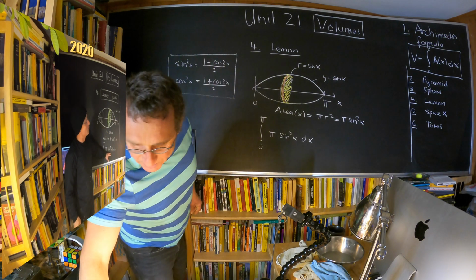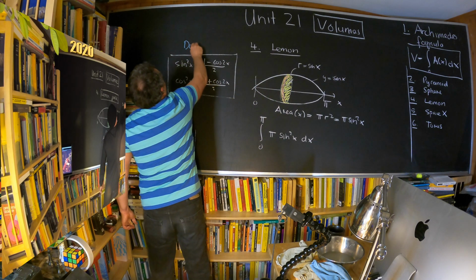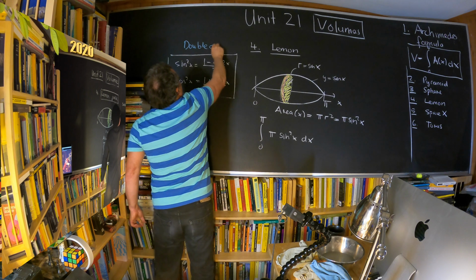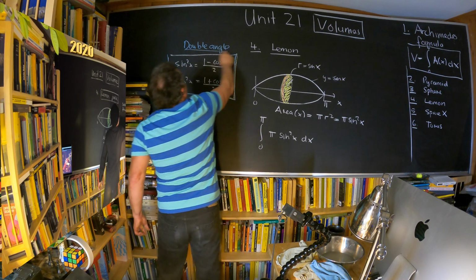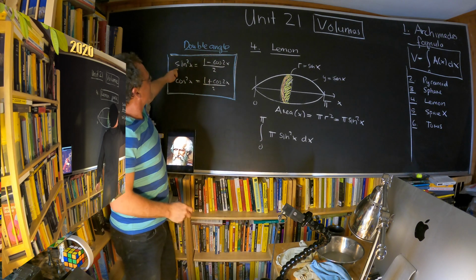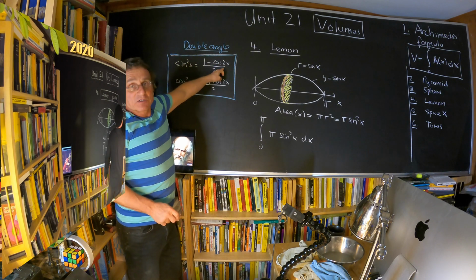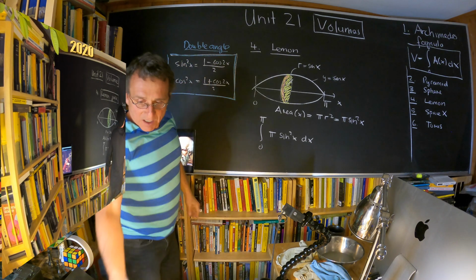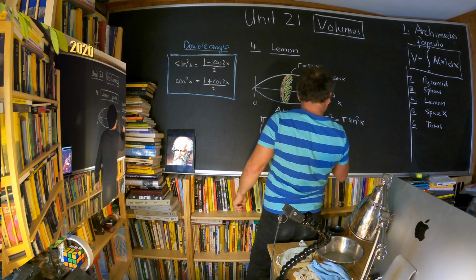Double angle formulas. I always recommend to learn this and nothing else, because sine squared plus cosine squared is 1, cosine squared minus sine squared is cosine 2x. You can see all the relations from this. And also for integration, this is really handy.